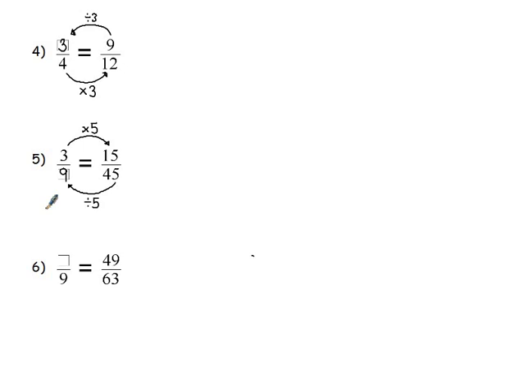Last example then, something over 9 equals 49 over 63. So we've got both our denominators on this one, so we're comparing our bottom values. So 9 times what gives you 63? Remember your tricks with your 9 times table, so either your fingers, so put your fingers down to find out how many go in, or you can write down your 9 times table very quickly.